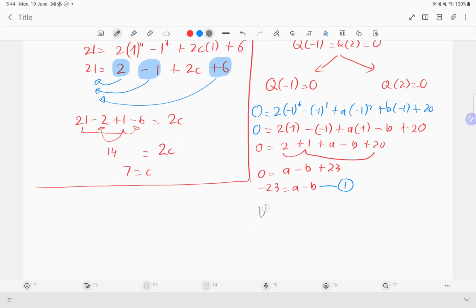Now the next step is to use q(2) equals 0. It means that we substitute x equals 2 and q equals 0. So now we get 0 equals 2 times 2 to the power 6, minus 2 to the power 3, plus a times 2 squared plus b times 2 plus 20.